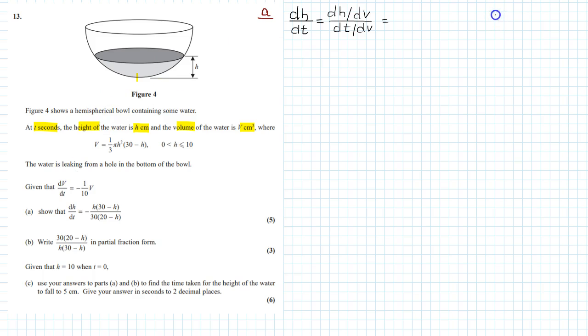We have dv over dt is equal to minus 1 over 10 v. V is 1 over 3 pi h square (30 minus h).